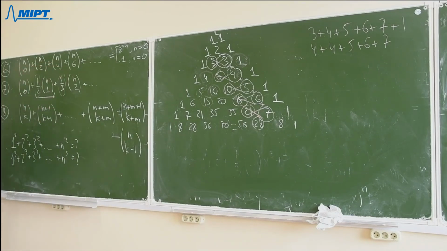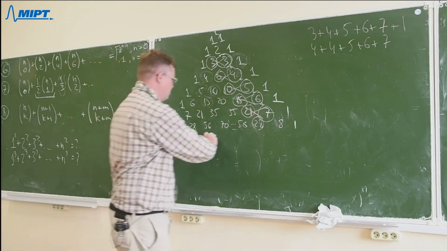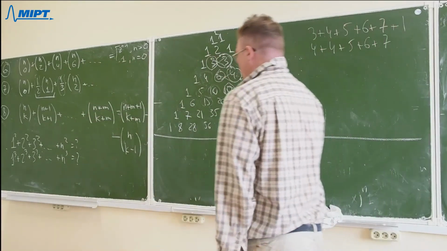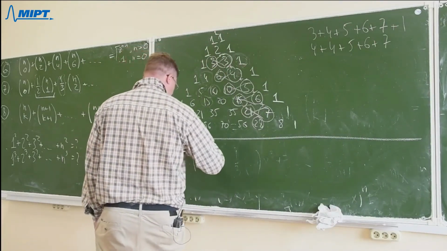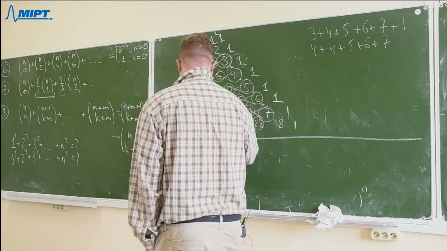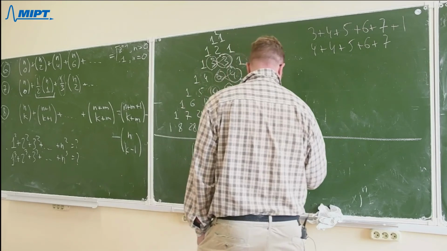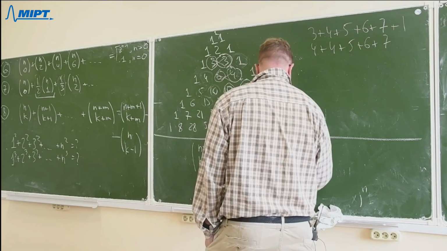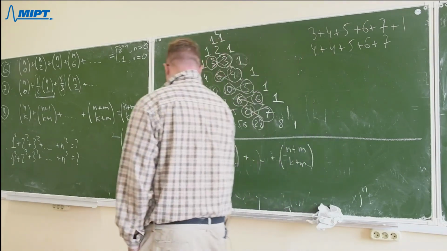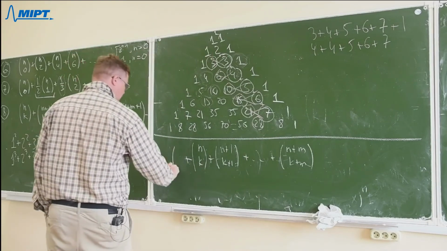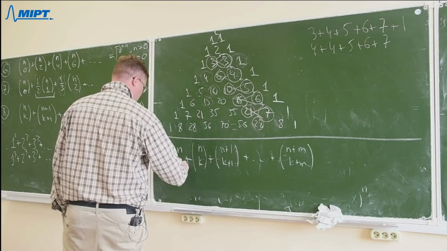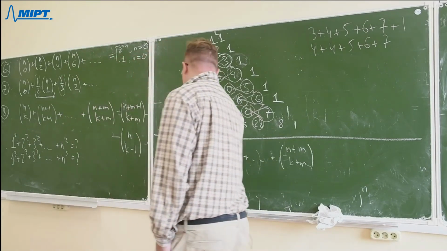And you can prove it like this: we can just add here n over k minus 1.